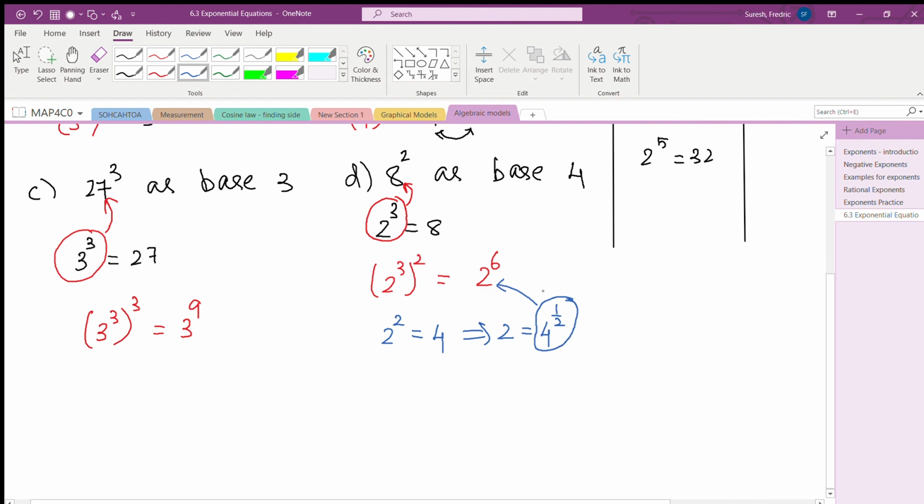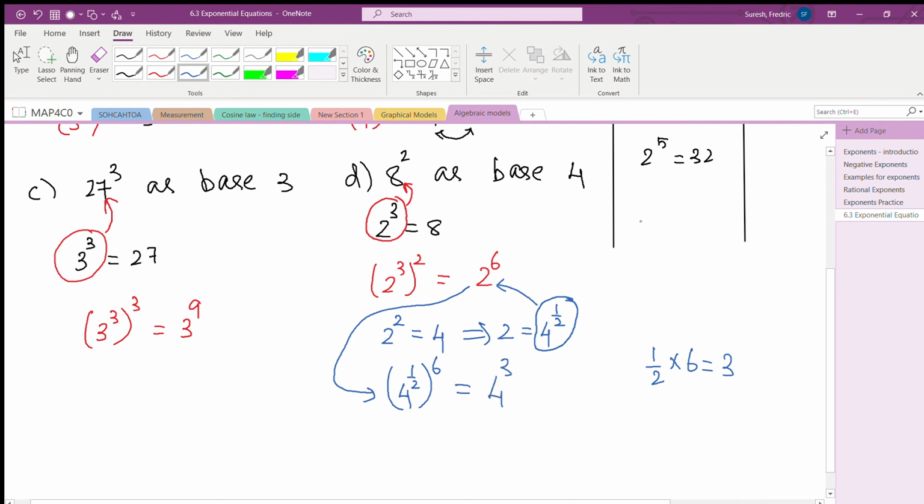So what do I get when I substitute and solve it here? So instead of the 2, we have 4 to the half to the 6th. So doing the calculation on the side, half of 6 is a 3. So this would be 4 to the power of 3.